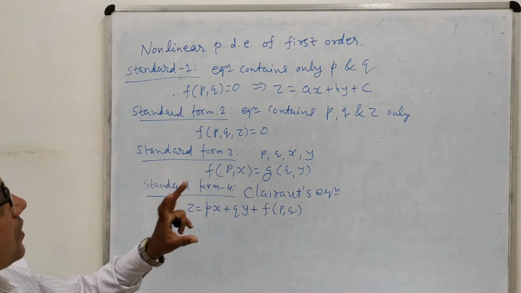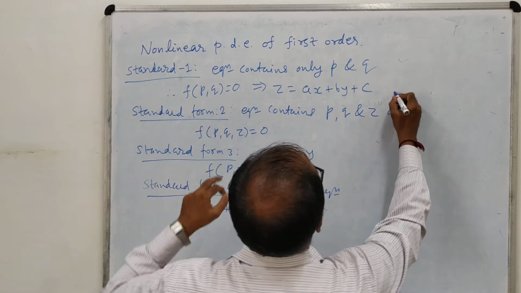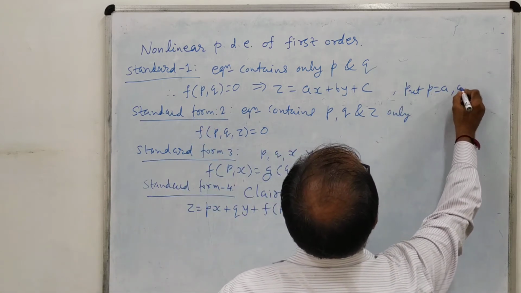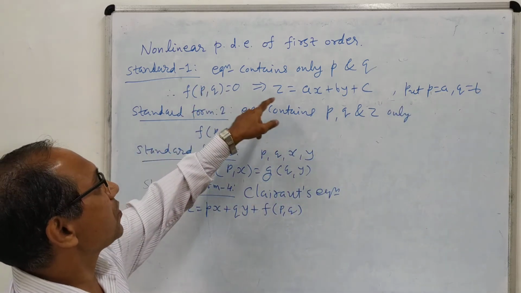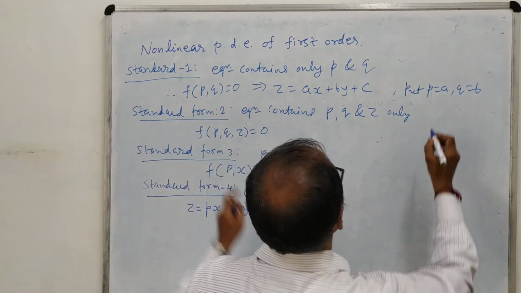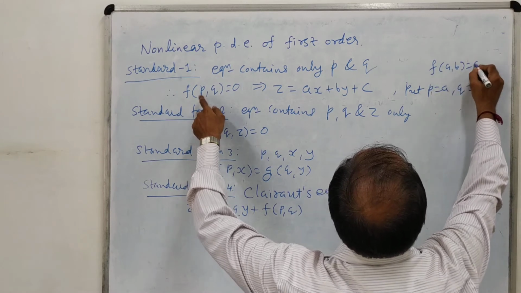After writing the solution, you put p equal to a and q equal to b in the given equation. Then you will get some relation between a and b, that is, f of a, b equal to 0.